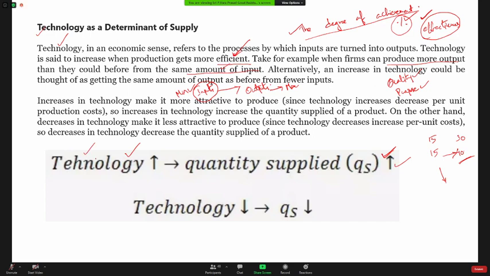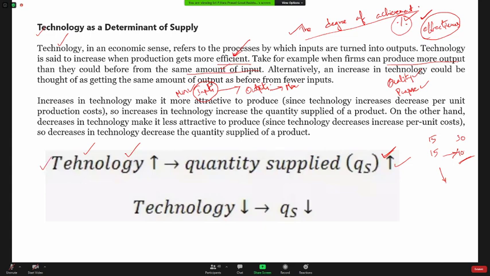Someone got an idea that let us try to create a hybrid variety of seed, so that we will be able to increase our production. Even this idea is also a technology. With such technology, the production increased, and so the suppliers are willing to supply more, and thereby food is now enough and distributed because of the green revolution, which is also an example of technology.